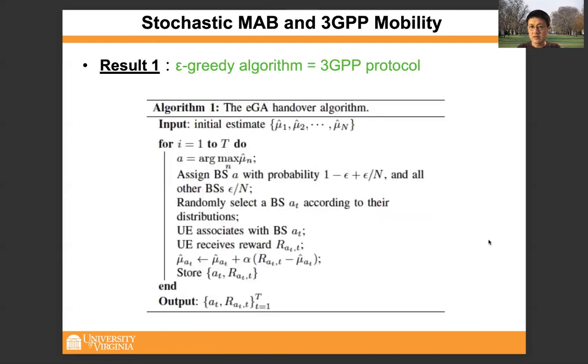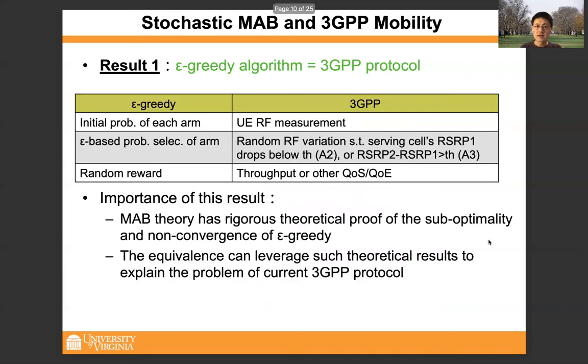Why? Because our main result says that the epsilon-greedy algorithm from MAB really is the same as the 3GPP protocol. If you compare them side by side, the probability for each arm really corresponds to measuring the RF conditions, let's say RSRP or RSRQ.